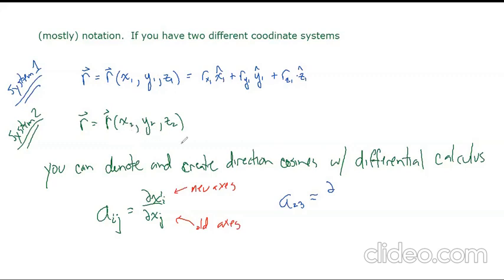So that would be the second element. So that would be dy2. And then it came from, so how much of the old third basis goes into the new second basis element? So that would be dz1. So what on earth does rotating have to do with calculus?